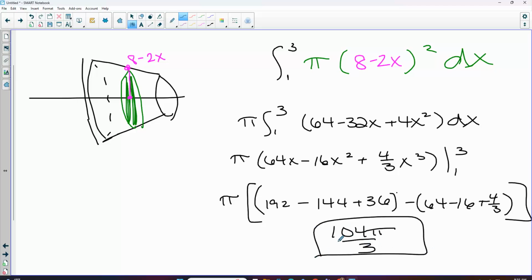Should give you 104 pi over 3. So we're just rotating the line around the x-axis. Lucky for us, I gave us a clear starting and stopping point, so we just had to integrate from there.